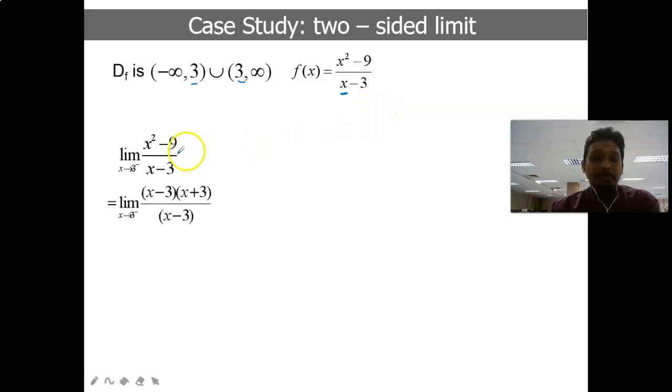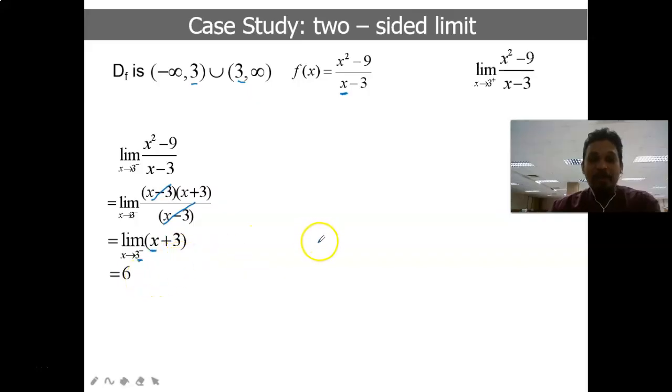For this one here now, we factorize x squared minus 9 into x minus 3 and x plus 3. So then clear this. Now we can substitute the value of x equals 3 into the function: 3 plus 3 equals 6.